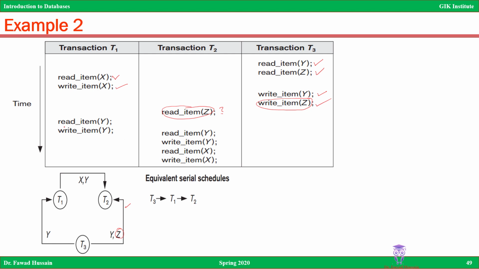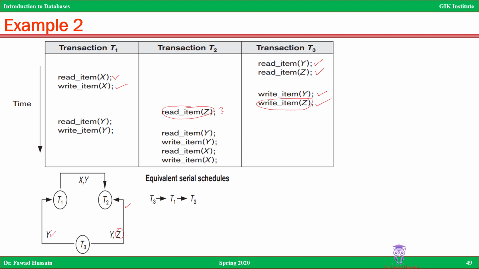And then you have read item Y and write item Y. Now this one has written on Y before, so you are reading and writing on Y. So you have T3, then T1, you have this line over here, and then you are going with T2.